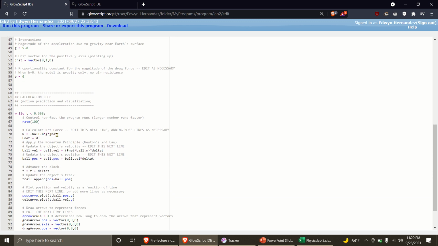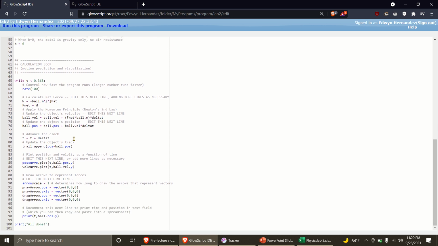Here's my weight force, which is the mass of the ball times the gravitational constant, 9.8 meters per second squared, times j hat. F net equals W, and here's the momentum principle: the ball's final velocity equals the initial velocity plus F net over the ball's mass times delta t.